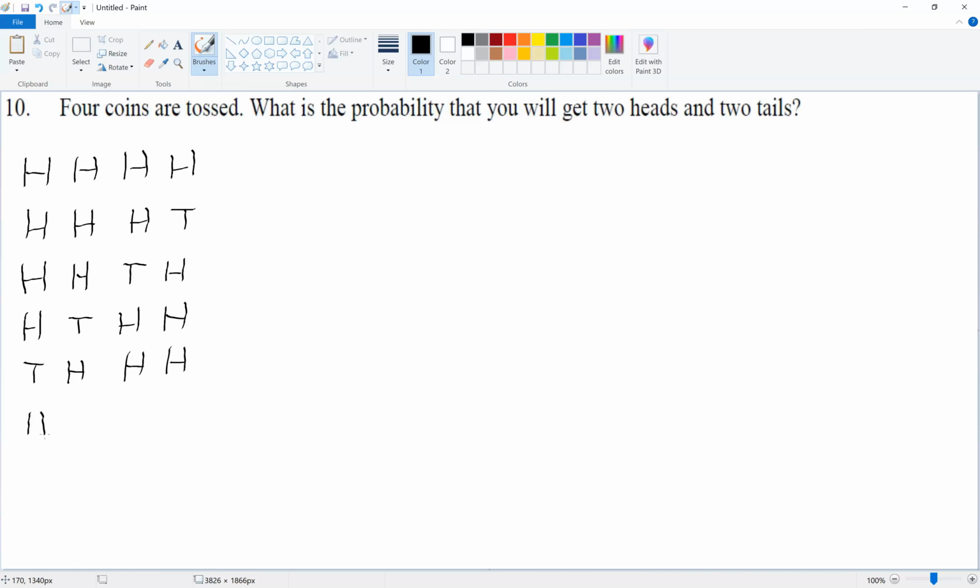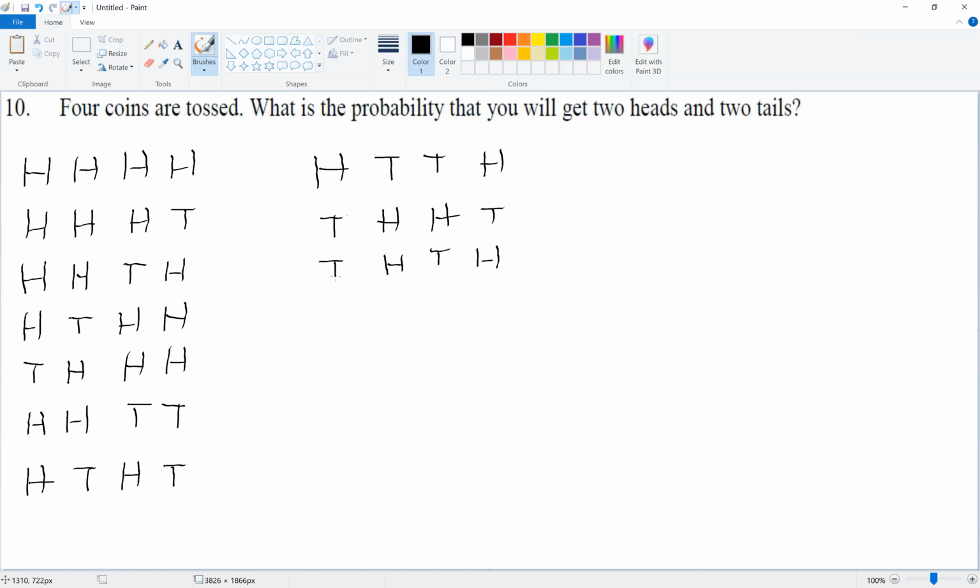Now we can have 2 heads, 2 tails, and those 2 heads can be here, here, here, here, or here. Everybody with me?